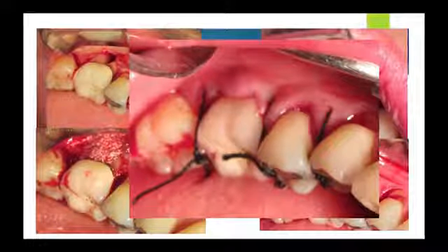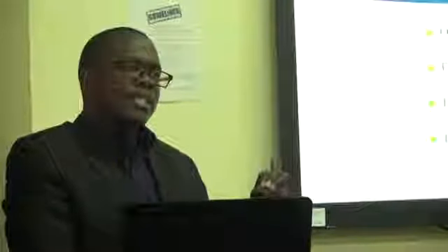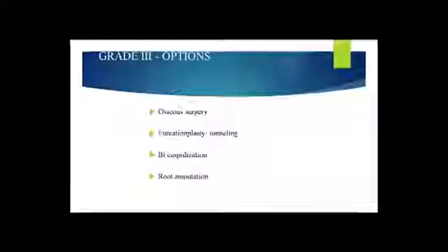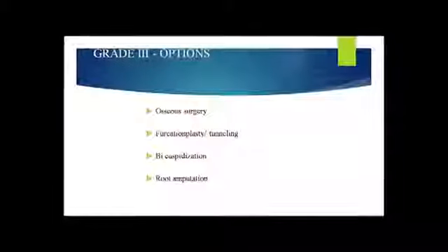Grade 3 options. When you have a grade 3, grafting becomes a little challenging because the bone that populates the defect is not the artificial bone we put there. The artificial bone we put there is just a space maintained.